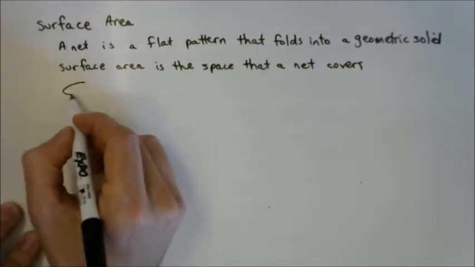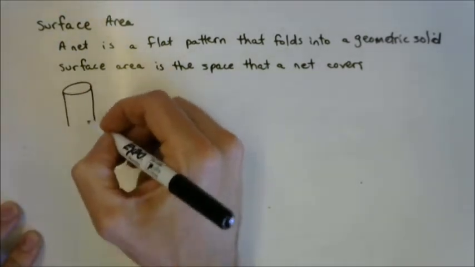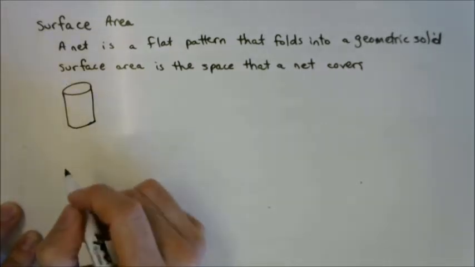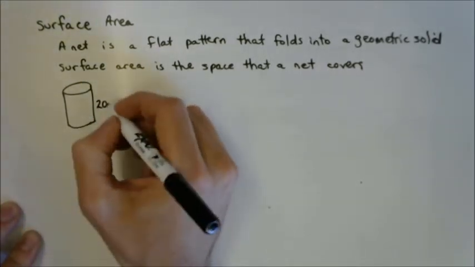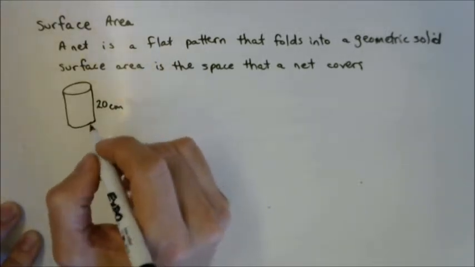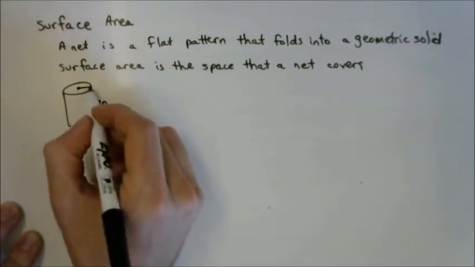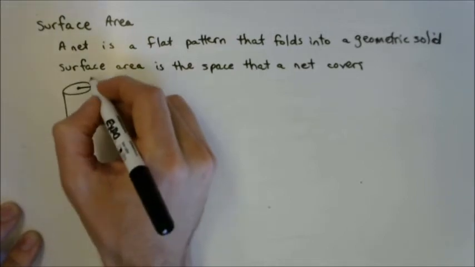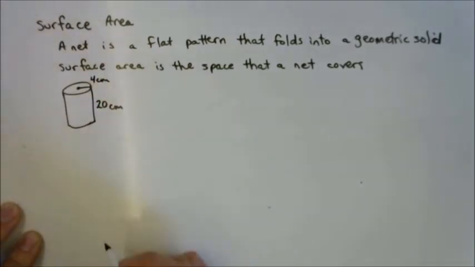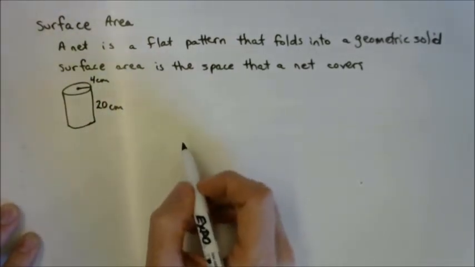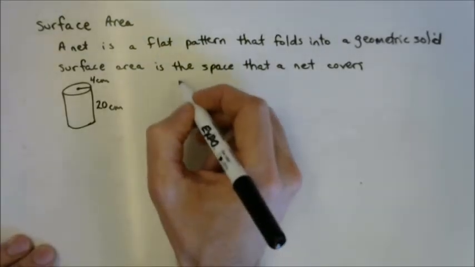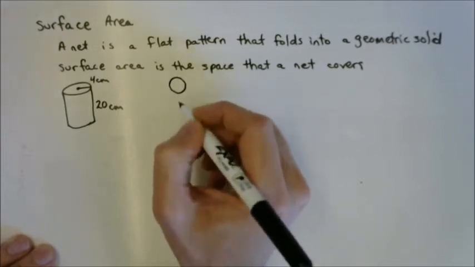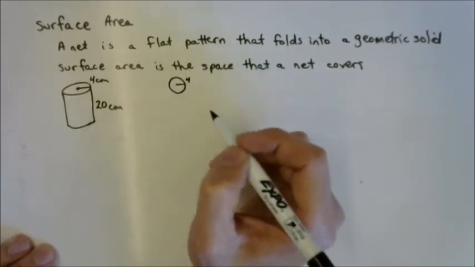So, draw a quick little cylinder here. Note that that cylinder is 20 centimeters tall, and the radius of the circular face is 4 centimeters. It's helpful to peel that off and look at the net. So the net, the top face is a circle with radius of 4.